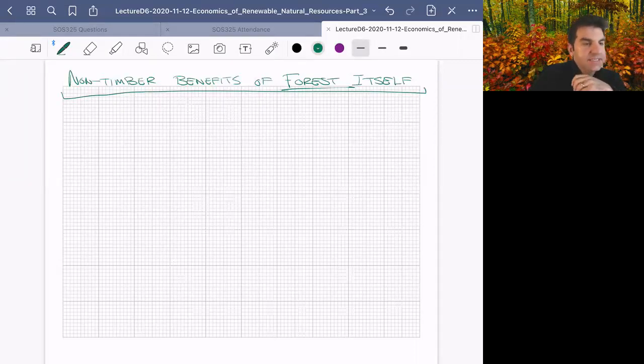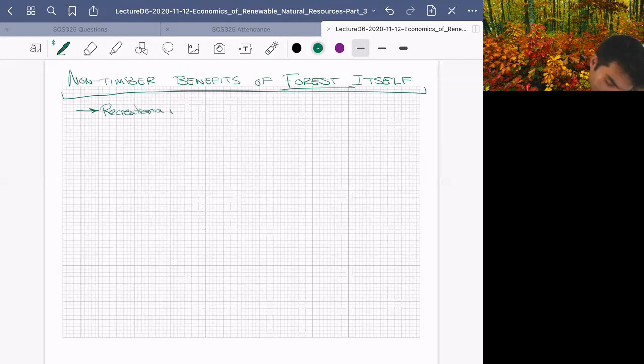And so the idea is that, let's say, for example, it could be recreational value. People like to jog, camp, etc. in forest, and maybe specifically in old growth forest.